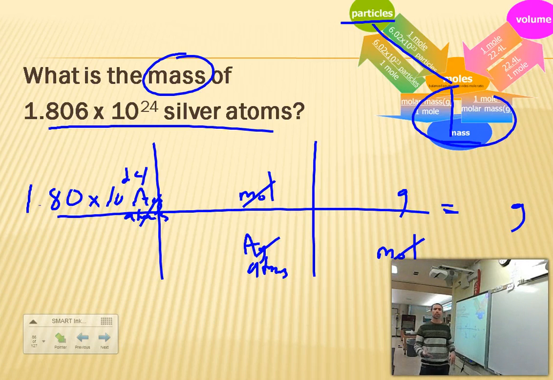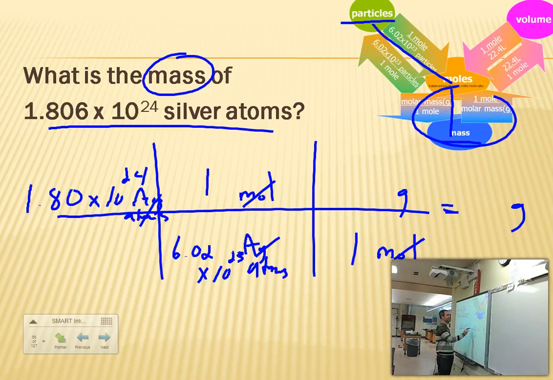Step 3 in our dimensional analysis is plug in the numbers. So remember, 1 mole of anything is 6.02 times 10 to the 23rd. Okay, and just like a dozen is 12, remember a mole means 6.02 times 10 to the 23rd. Okay, so that's Avogadro's number. Then I go back and plug in the molar mass here.